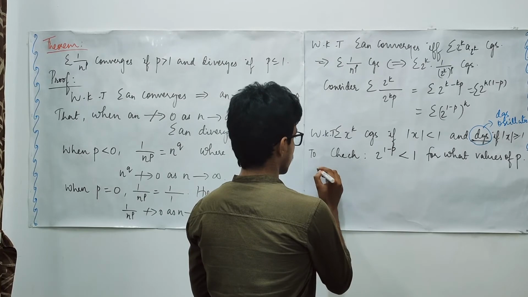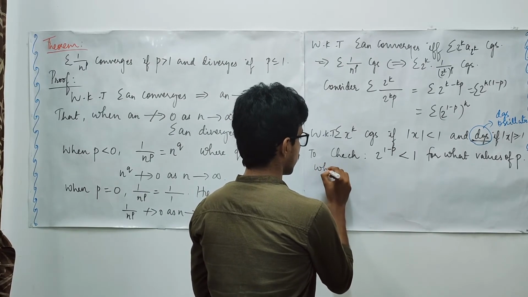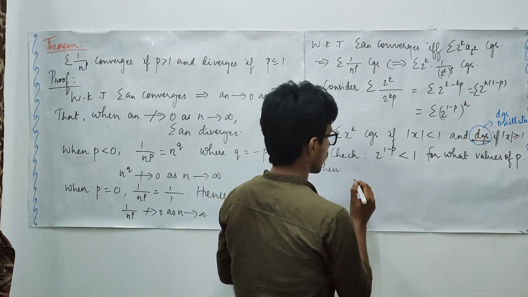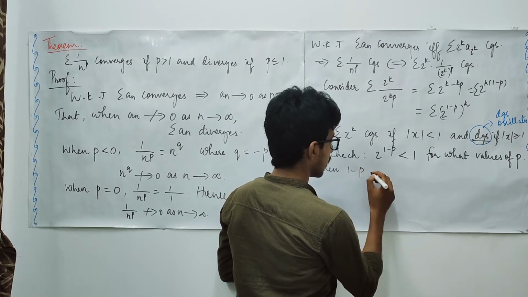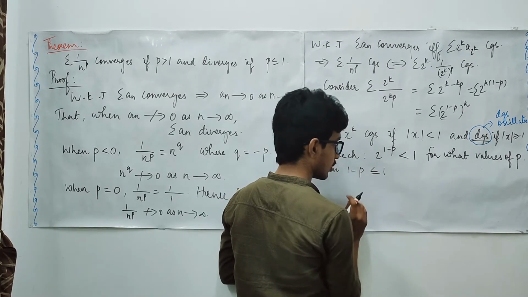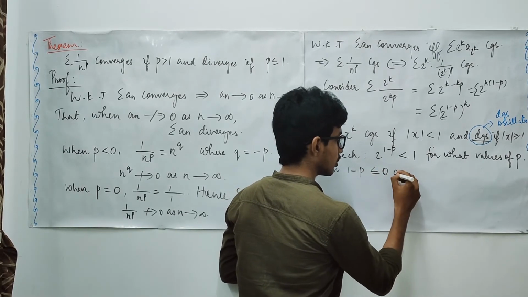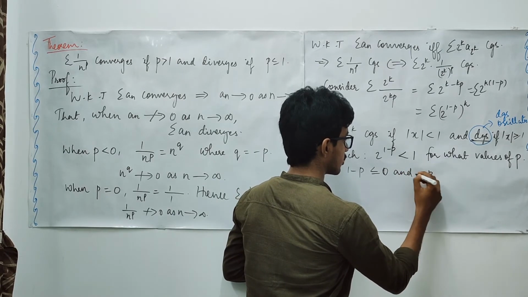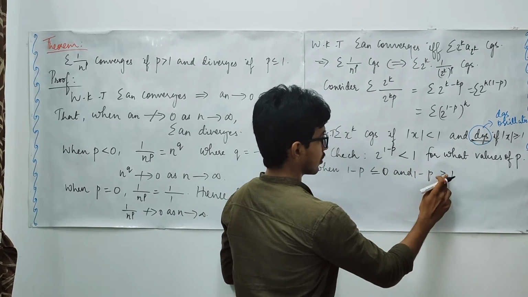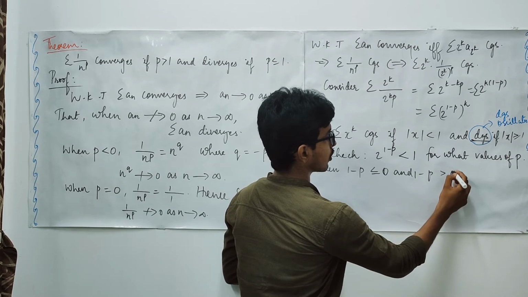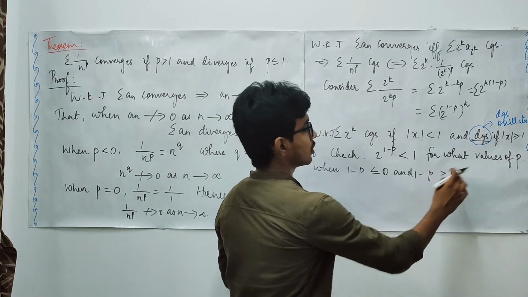Right. So, let us do the case when 1 minus p is smaller than or equal to 0 and when 1 minus p is bigger than 0. Let us do these two cases.